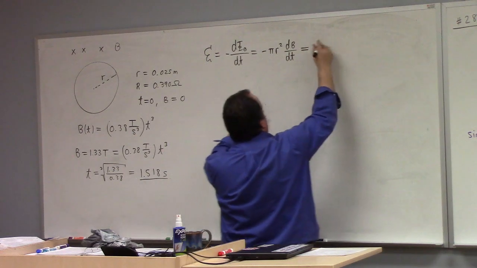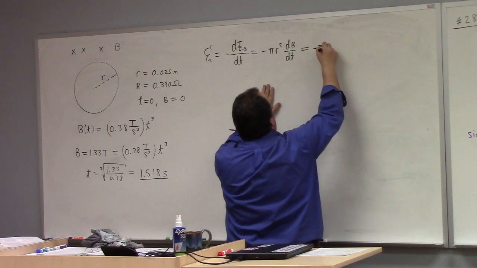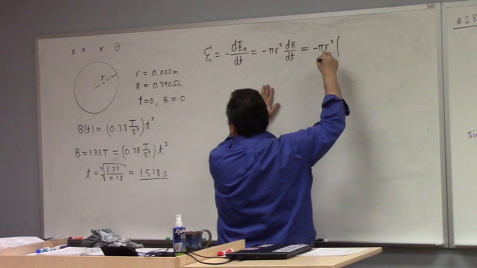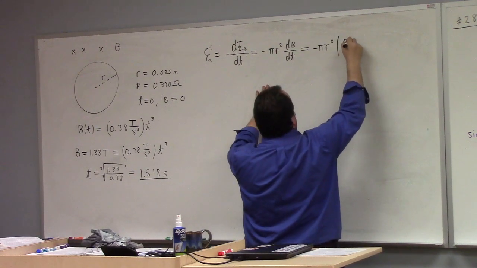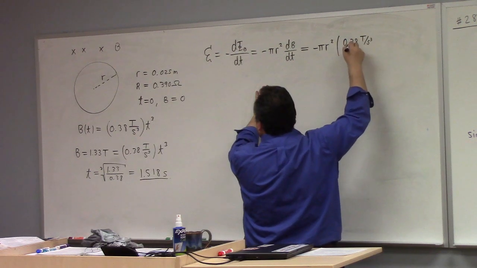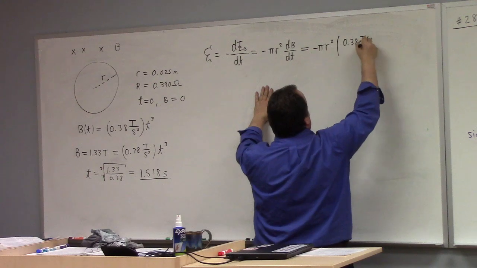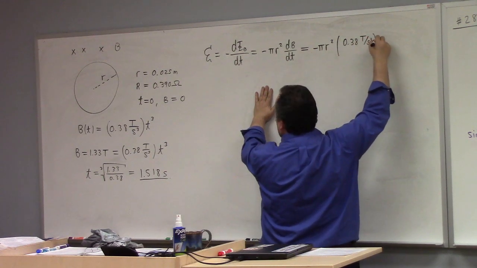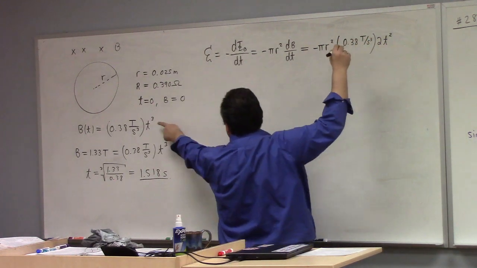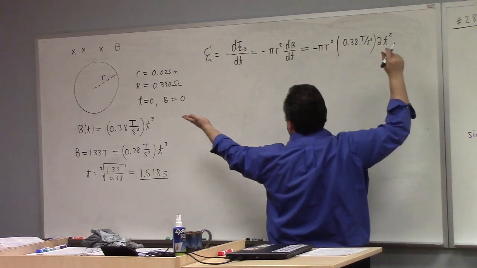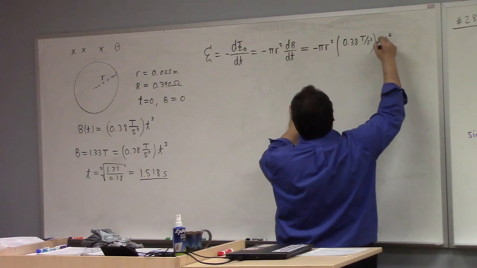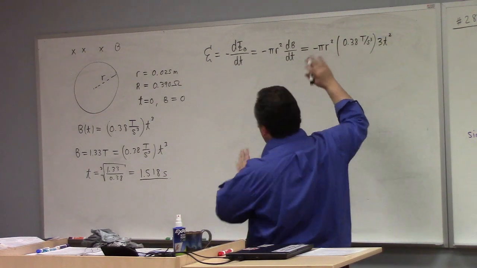That is minus pi r squared times 0.38 Teslas per second cubed times, differentiate, the derivative of t cubed is 3t squared. So that's the voltage.